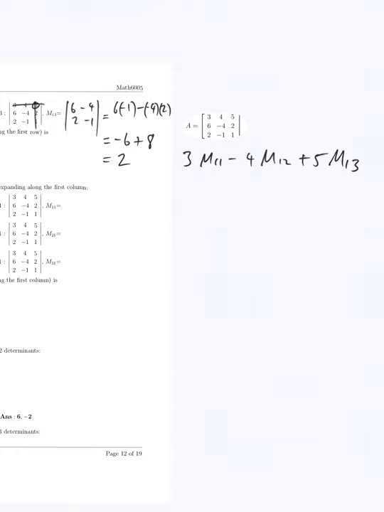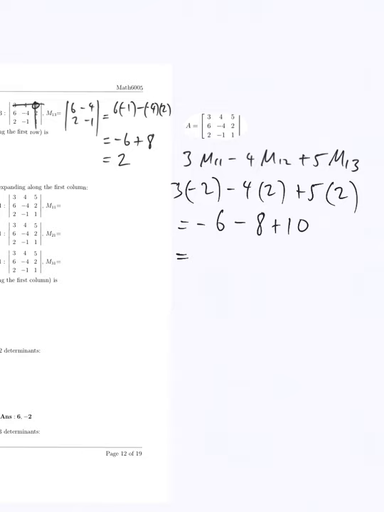So that's equal to 3 times minus 2, minus 4 times 2, plus 5 times 2, which is equal to minus 6 minus 8 plus 10, which is equal to minus 4. So that's the determinant.